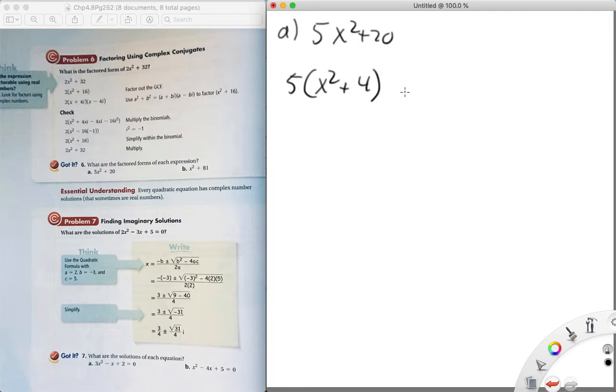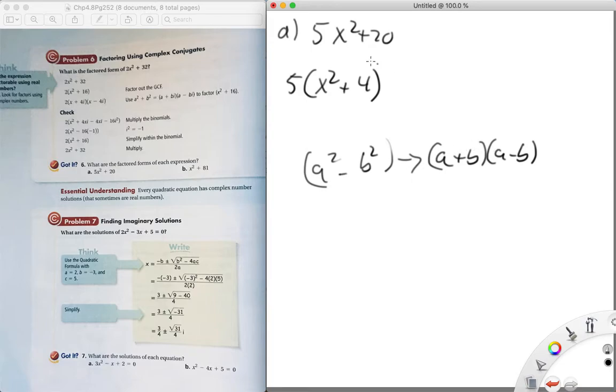What do I know about a squared plus b squared? If you remember, in the case of this particular form, a squared minus b squared is the same thing as saying a plus b times a minus b. We learned that in factoring in the previous sections.